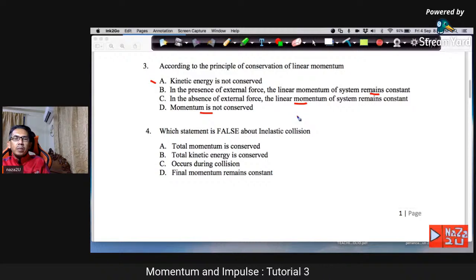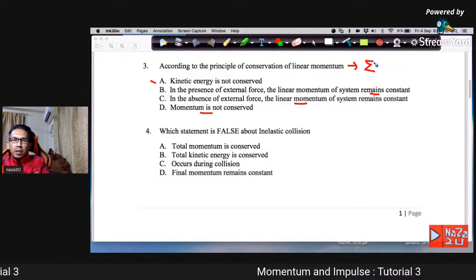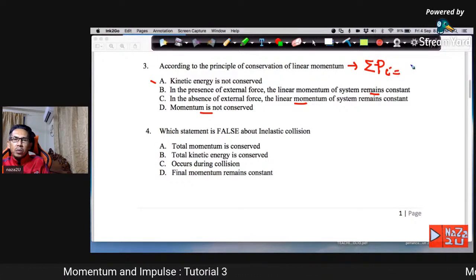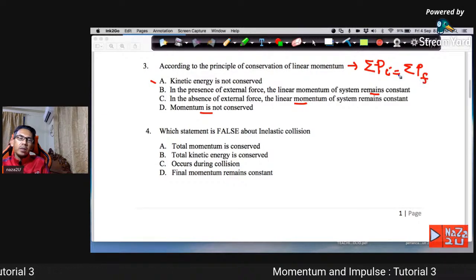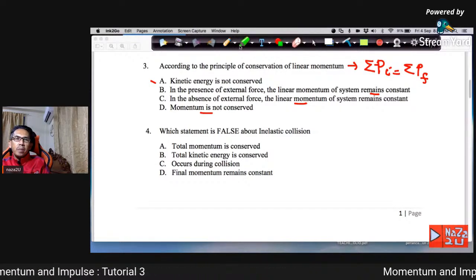Linear momentum is the definition. You can say total momentum before is equal to total momentum after. So this is the principle of conservation of linear momentum.